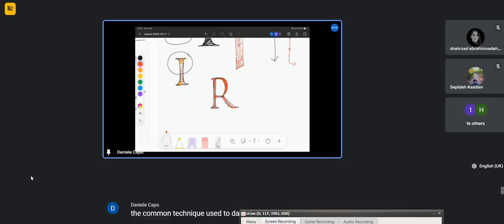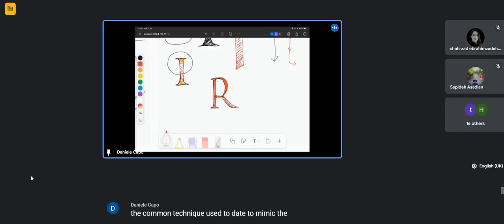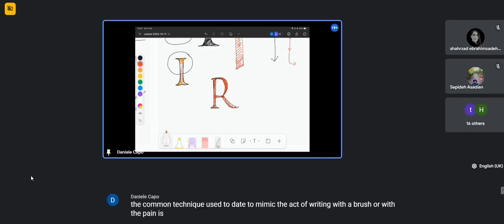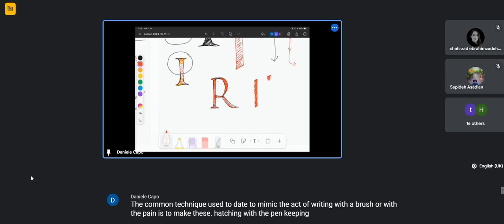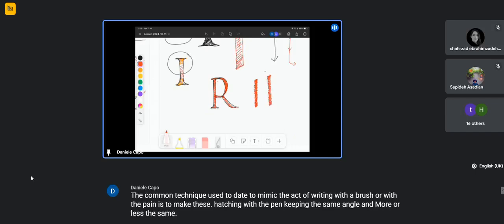To mimic the act of writing with a brush or with a pen is to make this hatching with the pen, keeping the same angle and more or less the same width.